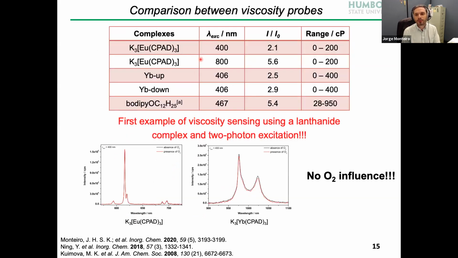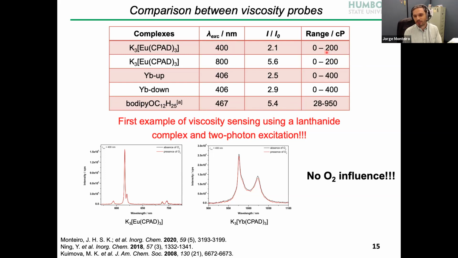Comparing those probes with whatever is in the literature. For lanthanide complexes, we don't have much. Honestly, just one other report, and here, just for the sake of comparison, we put DPDI. Excitation here is one photon at 400 or two photons at 800.